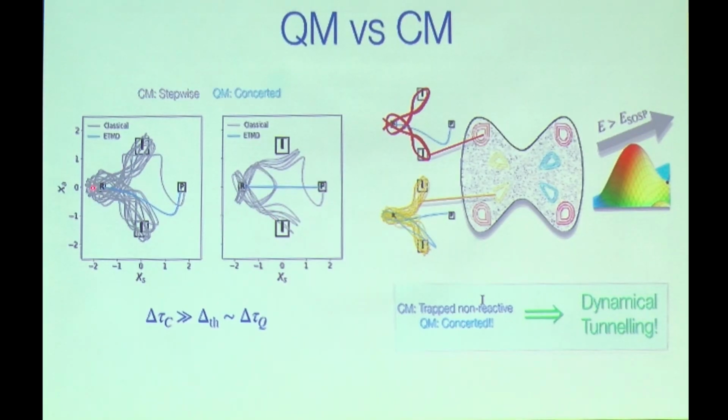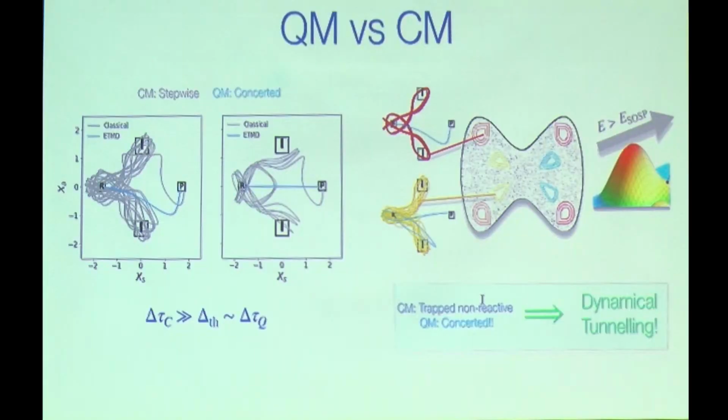But for the same trajectory, same starting condition, the entangled trajectory, the Wigner representation, shows that this is a dynamically concerted process. Here's another example which is even more extreme. The classical is clearly sequential, but the quantum part is just a straight line screaming across from the reactant to the product. Barry Carpenter would be extremely happy to see this, because this is what he would call directed motion across this rank 2 saddle, or what he called dynamic matching.